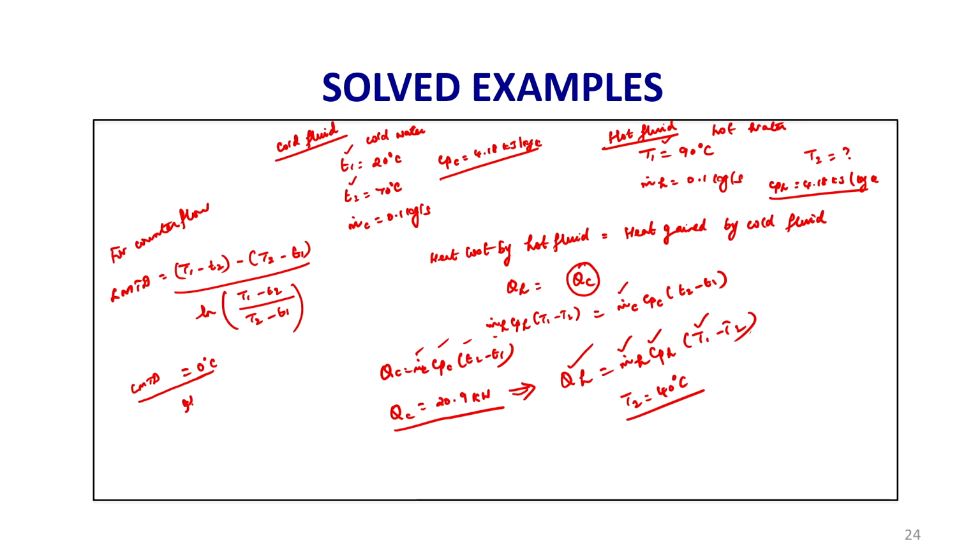So, if LMTD is 0, then LMTD is equal to capital T1 minus small t2, which will be equal to capital T2 minus small t1. In this case it is 20 degree.